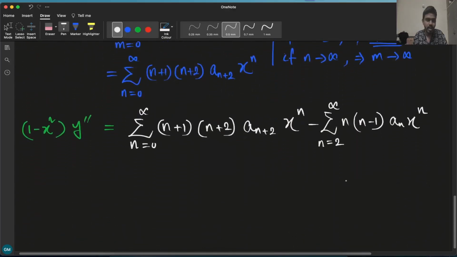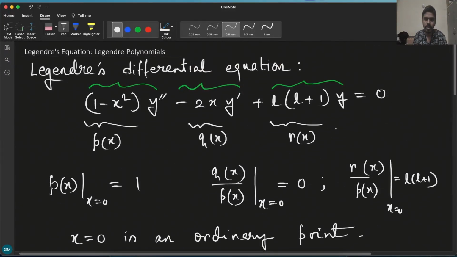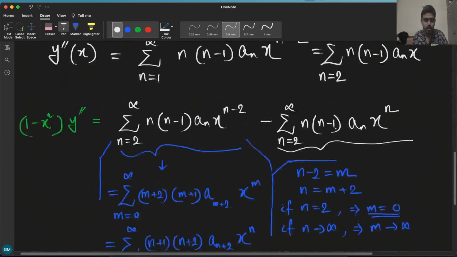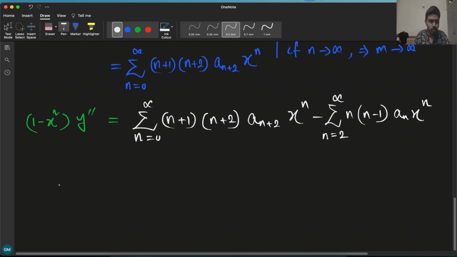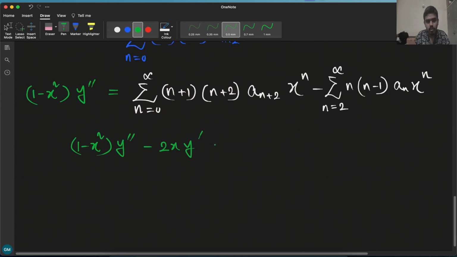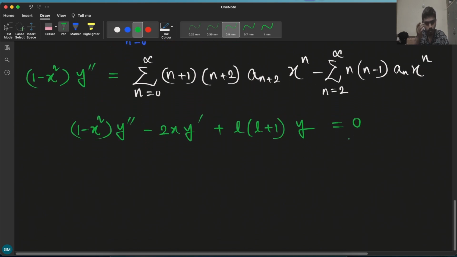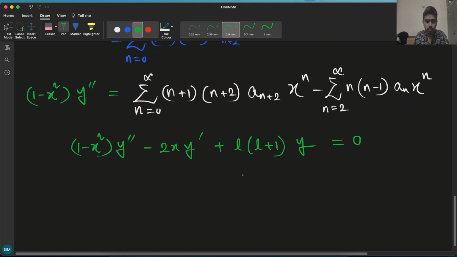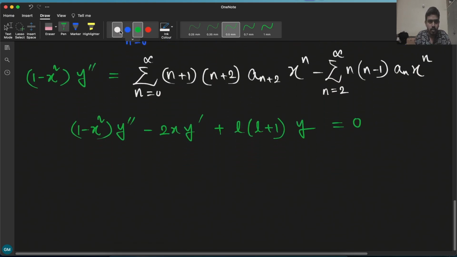So we have calculated all three terms in the differential equation, and now we will put them together. The differential equation is (1 minus x square) y double dash minus 2x y dash plus l into (l plus 1) y equals 0.